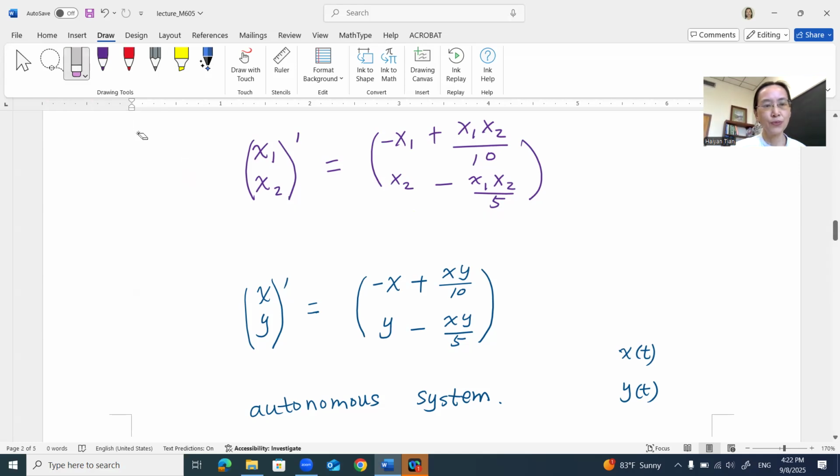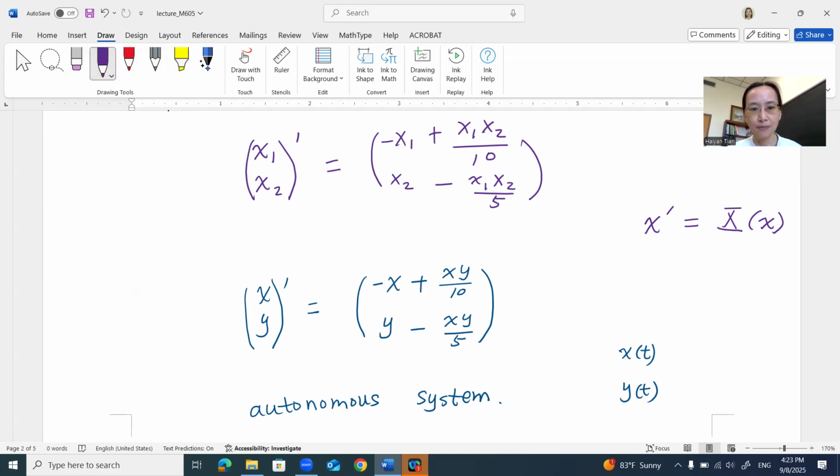So we already know this problem can be represented by a single letter if this is our X vector, so we can write it as X derivative equals the right-hand side, which is some vector that depends on the components of X. So as you can see, there are different ways of representing the same problem.